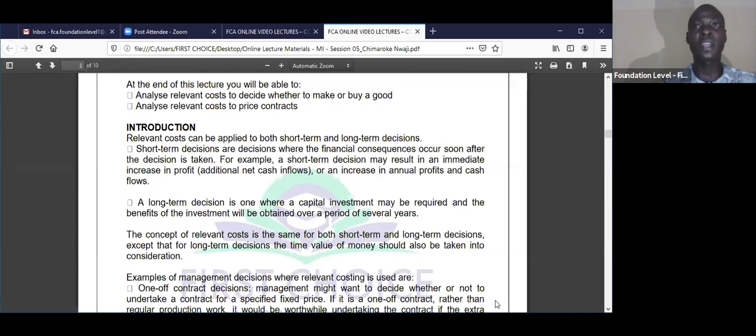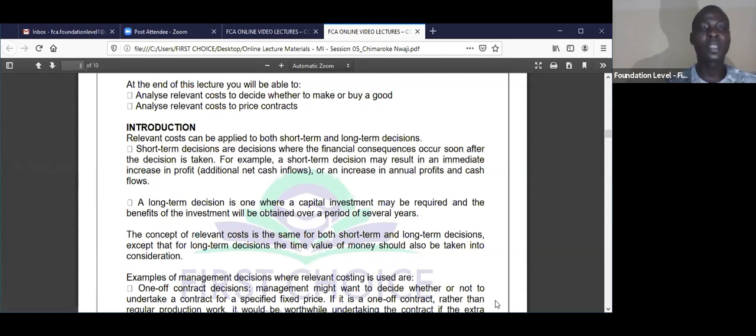So we find out that short-term decisions are results that occur almost immediately, perhaps within a month, within a quarter, maybe within a year. These are short-term decisions that you can make. So when you make decisions that come in short term, you are making them for like 1 year, maybe 6 months. These are short-term decision making.